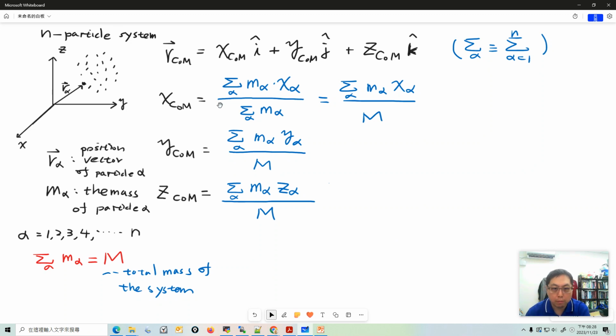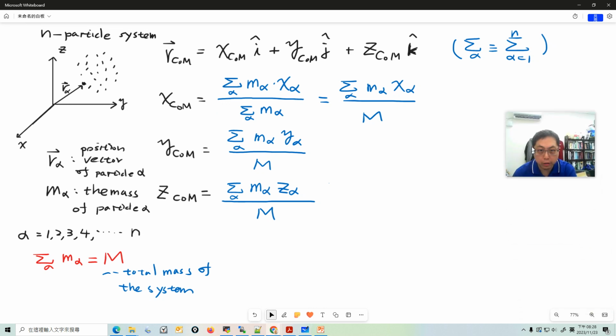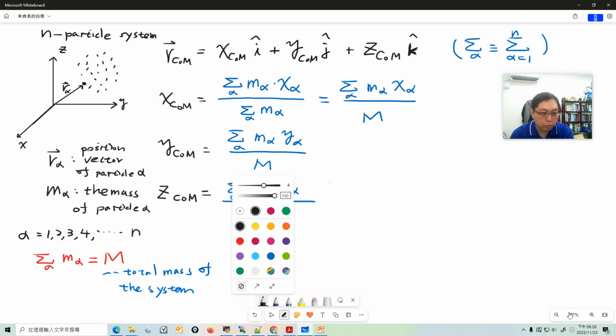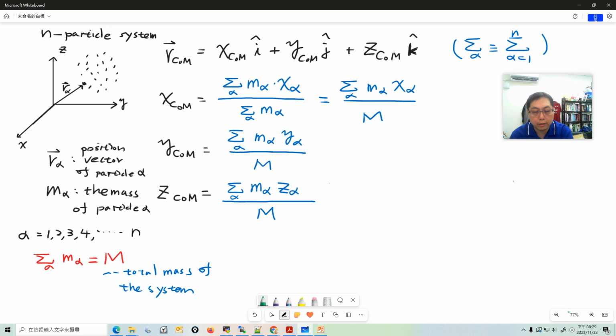When we discuss motion, in the very early part of this semester we introduced kinematics. What is kinematics talking about? Do you remember? Kinematics describes the motion, the relationship between position, velocity, and acceleration.